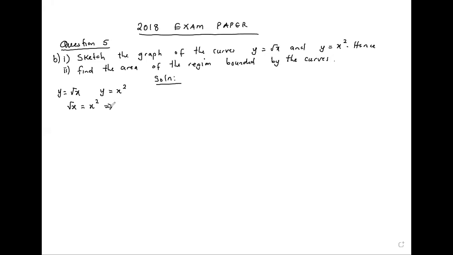If we square this side and the other side, we have x to the fourth is equal to x. So x to the fourth minus x is 0, and so we have x(x cubed minus 1) is 0. So x is 0 and x is 1. These curves will meet at those two numbers.